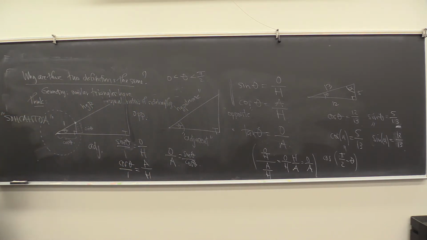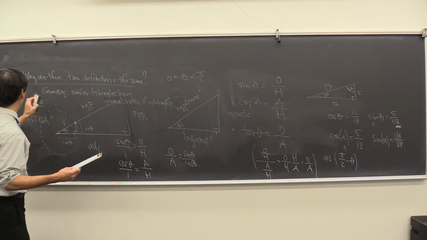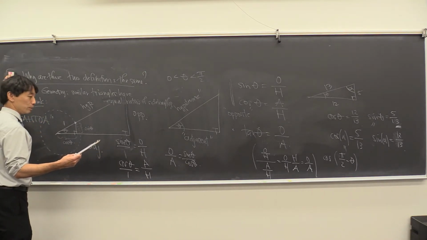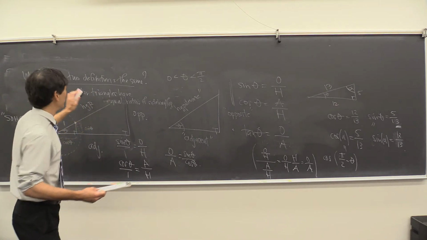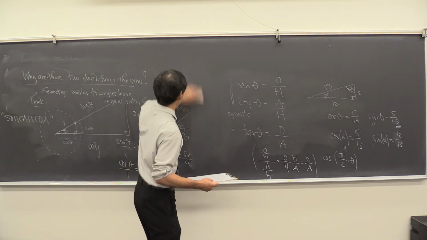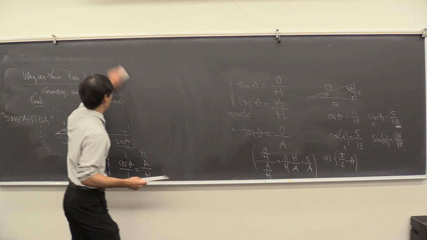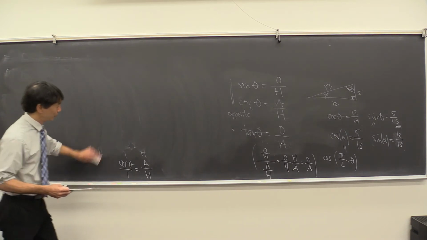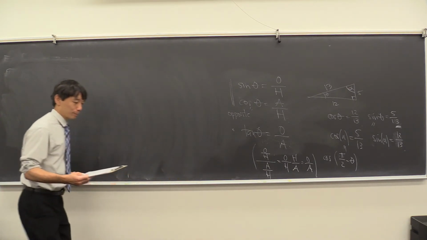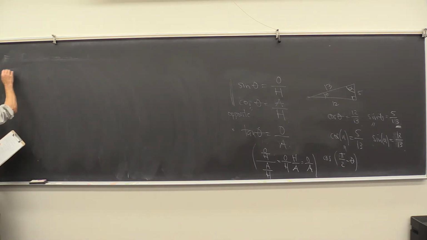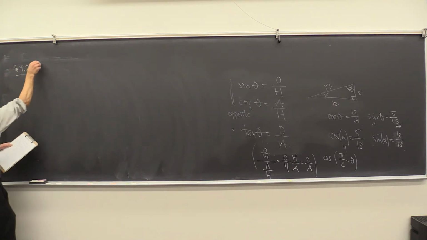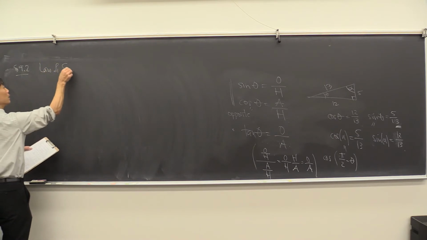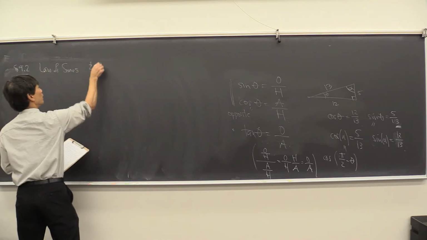Okay, with that understanding, let's go on to the last bit of trigonometry that we're going to do, which is 9.2. If we finish it today, it'll be all of the trigonometry that we need. 9.2 is the law of sines and law of cosines.